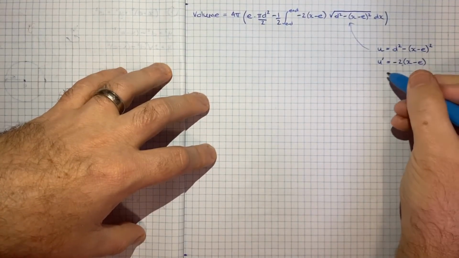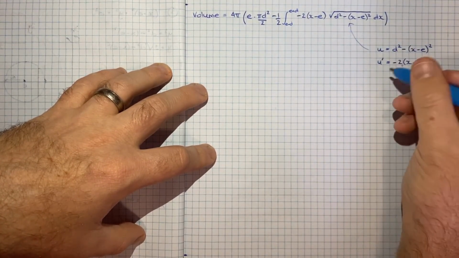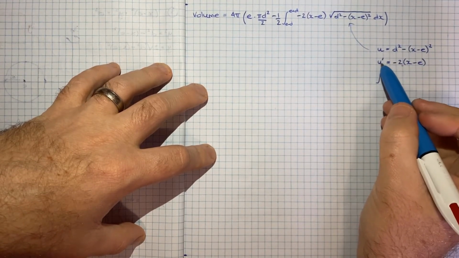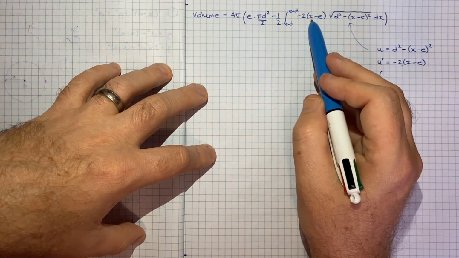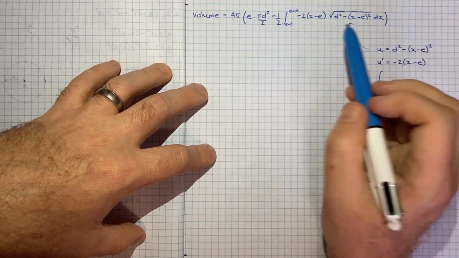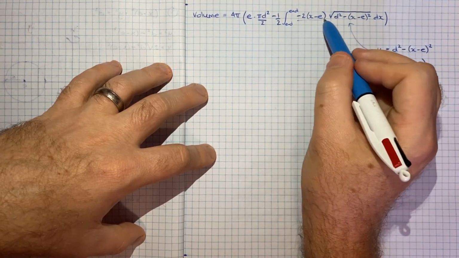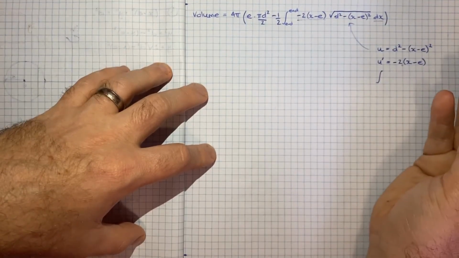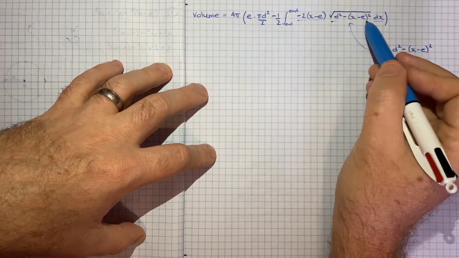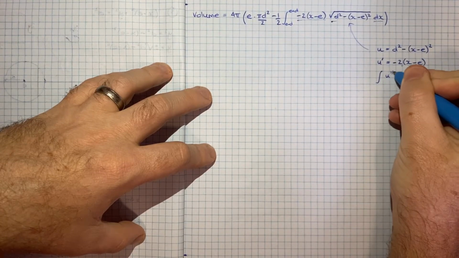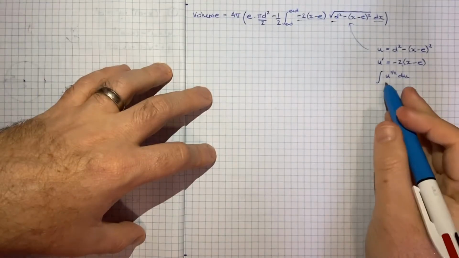So now I could see that what I've really got here is the integral of essentially du dx. So that means du would be this, and this would just become du, and then this is just u to the half. So we get u to the half du. And that's very easy to integrate.